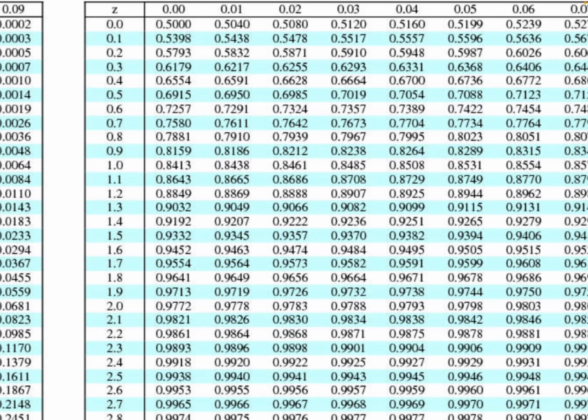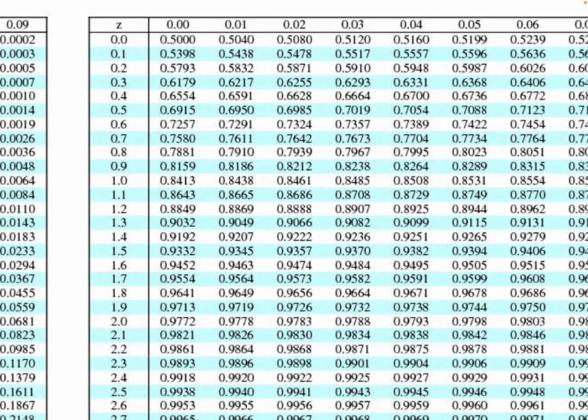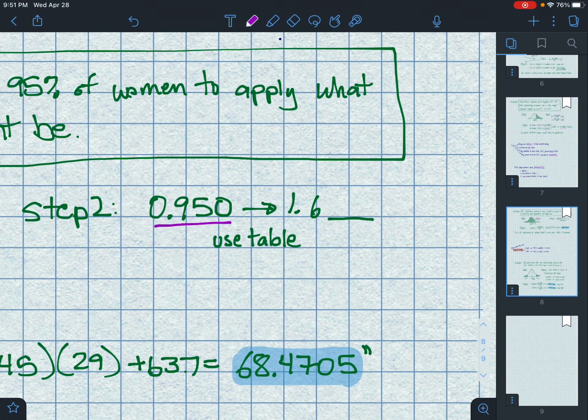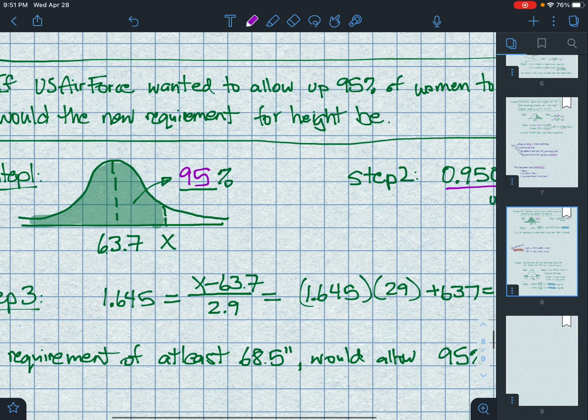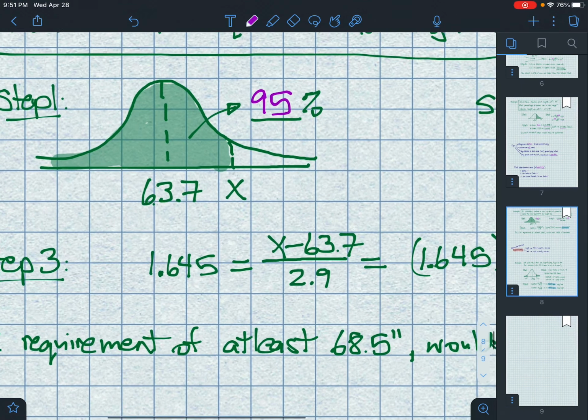So between the 4th and the 5th column, we see 9495 and 9505. So therefore we can split the difference. And we're going to say 1.645.